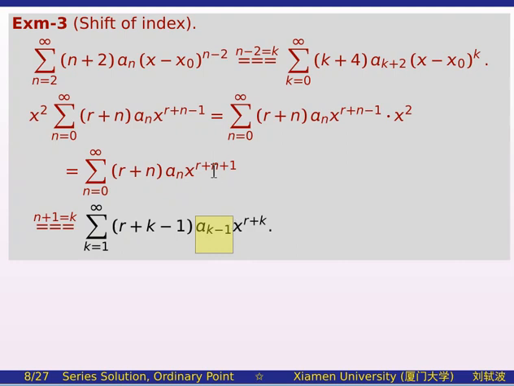And n plus 1 is k, therefore the power of x is r plus k. And the range of summation: the original summation is n from 0 to infinity, therefore, correspondingly, k is from 1 to infinity. So this is also a shift of index.